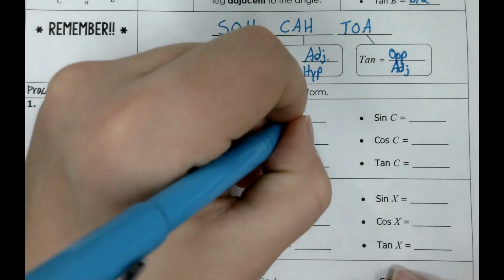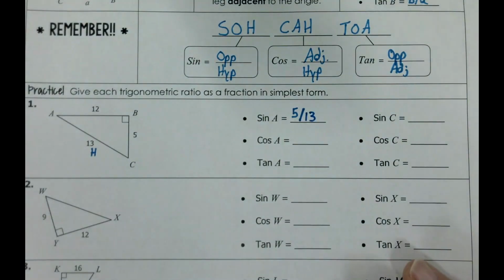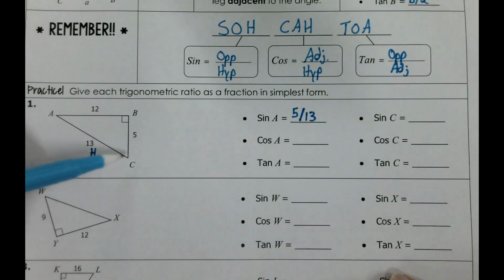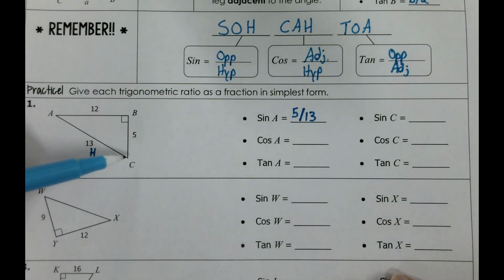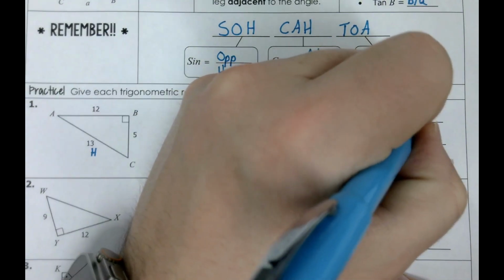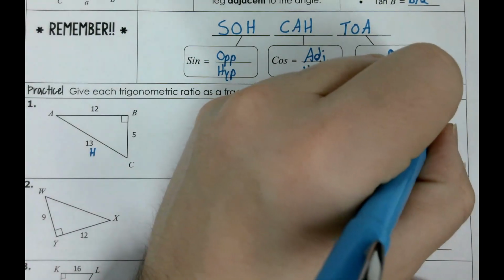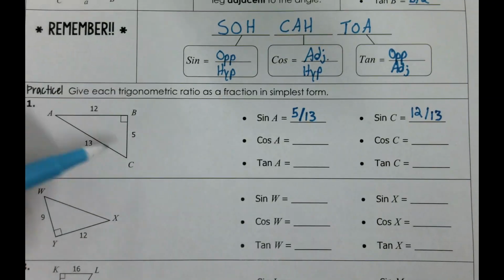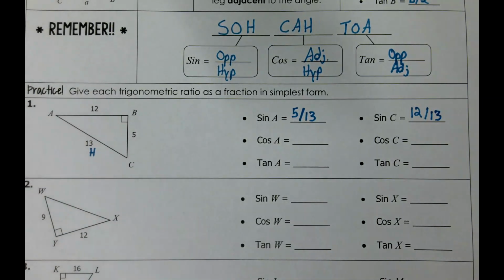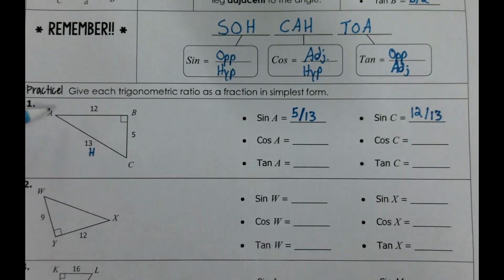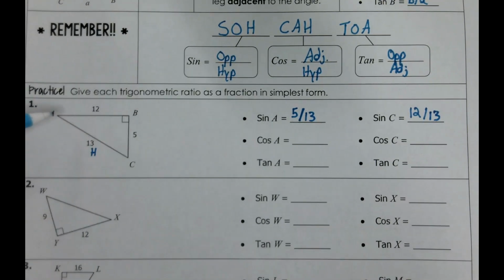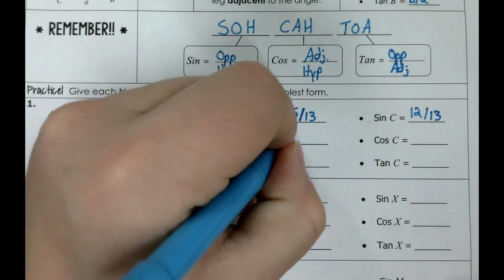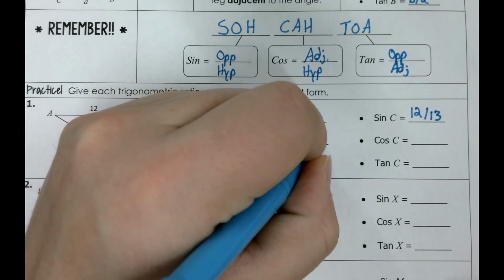So the hypotenuse is 13. But if I switch my sine to angle C, now opposite is 12. So sine of C is 12 over 13. It changes depending on the angle we're looking through the perspective of. Now if we look at A for cosine, adjacent to A is 12, and the hypotenuse is still 13.